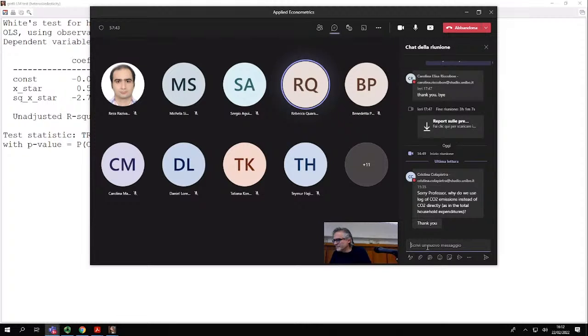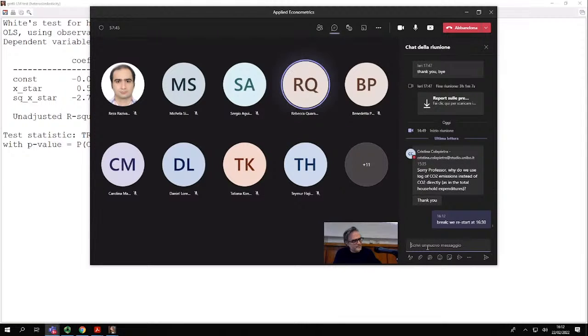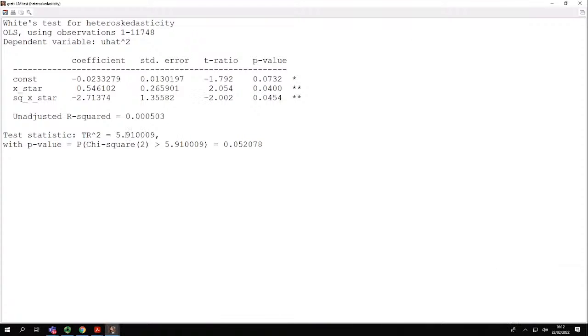Sorry, one question. Yes, please go. So if we accept the null, that means that our model was heteroscedastic? No, homoscedastic. The null is homoscedasticity. So it means OLS is fine here.